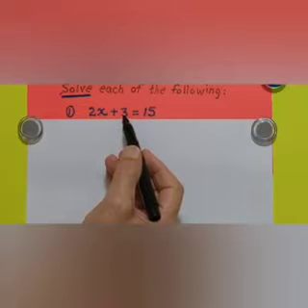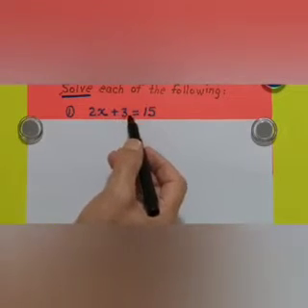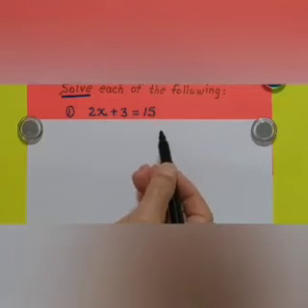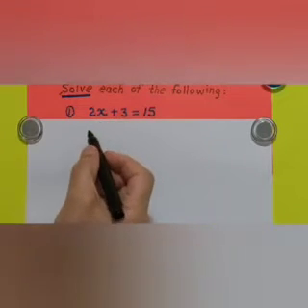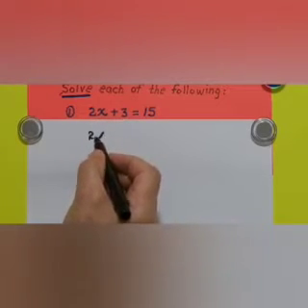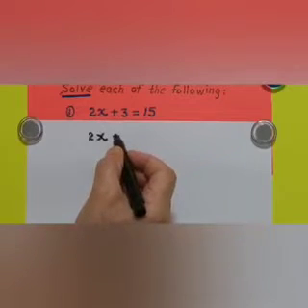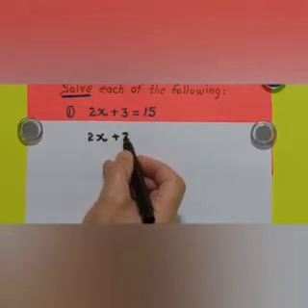And this can be done by adding -3 to both sides of the equation. By this way, we can write here the first term, which is 2x, then plus 3.